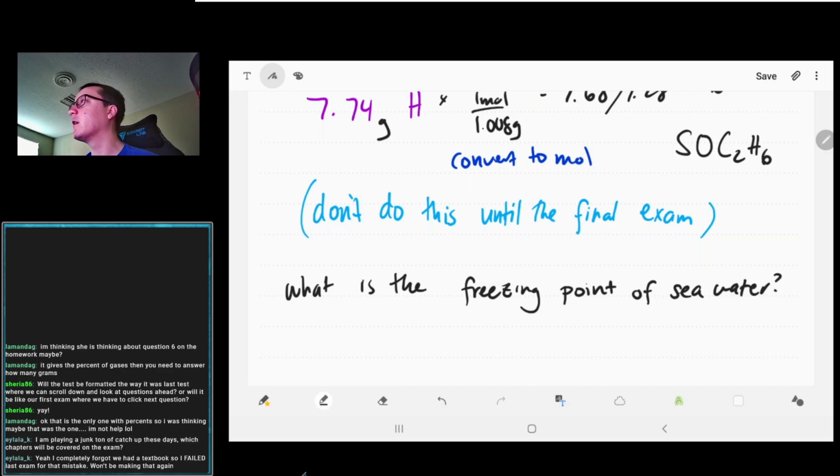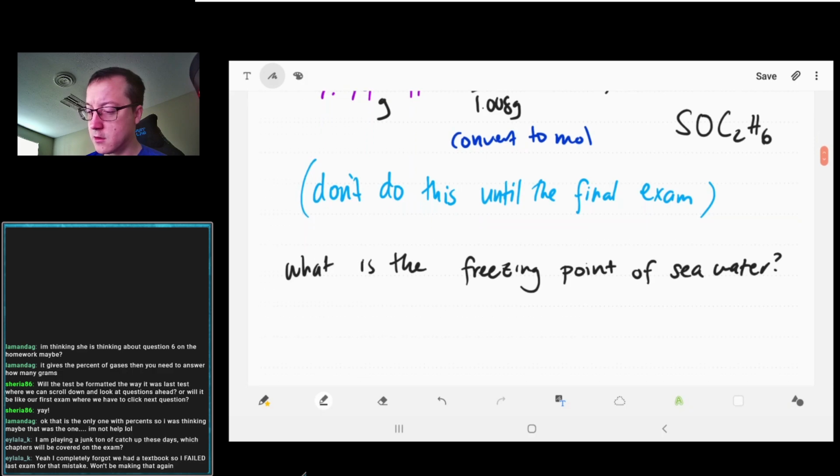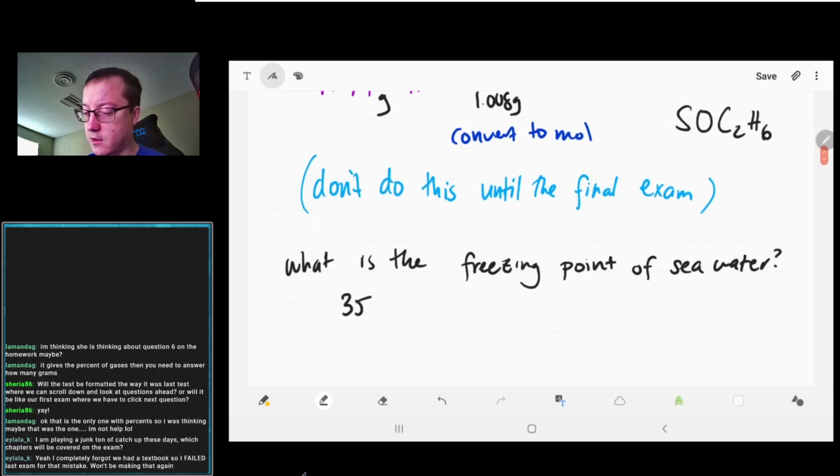Let's go and figure out what's the concentration of salt in the ocean. Okay, it looks like there are 35 grams of NaCl in 1 kilogram of water.